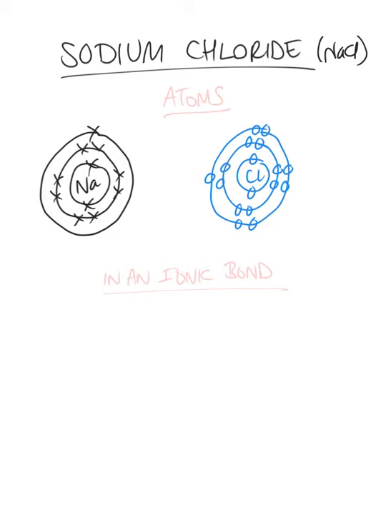Now let's look at sodium chloride. You will be able to draw them as atoms really easily. You'll notice that for my chlorine, or chloride, on the right hand side, I've used dots or circles to represent the electrons. The reason we do that in ionic bonding is because we're dealing with two different atoms, so you draw one as crosses and one as dots. You can colour in all of these dots in the chlorine like so.